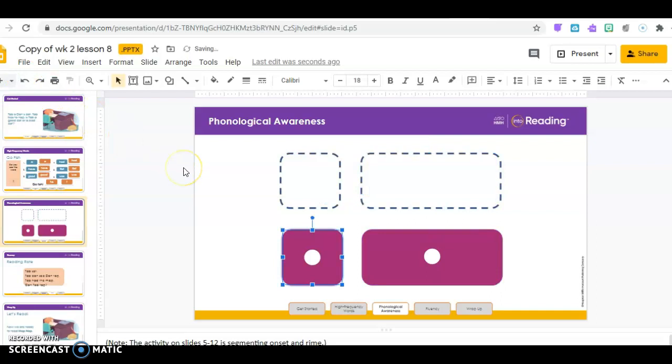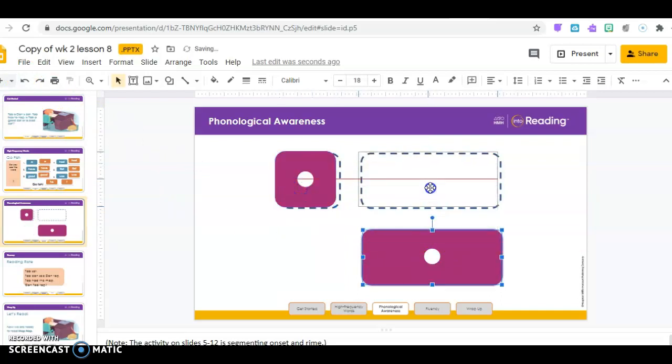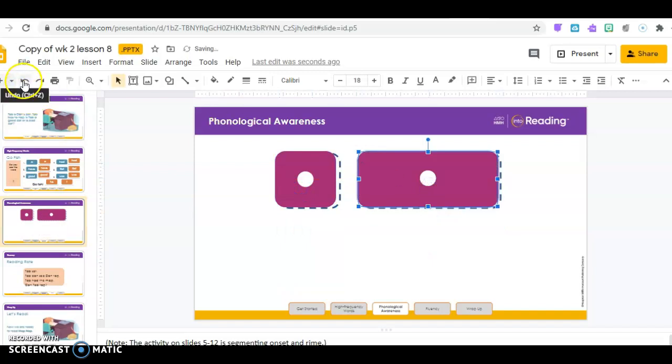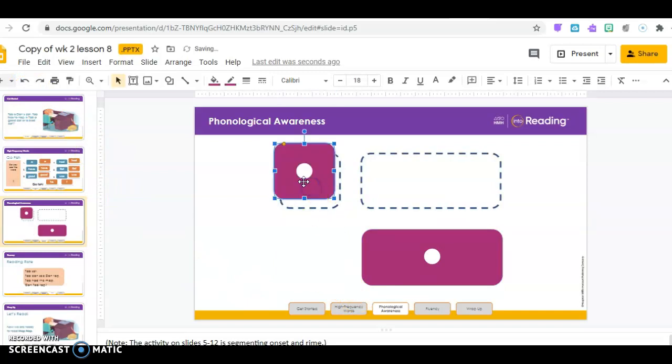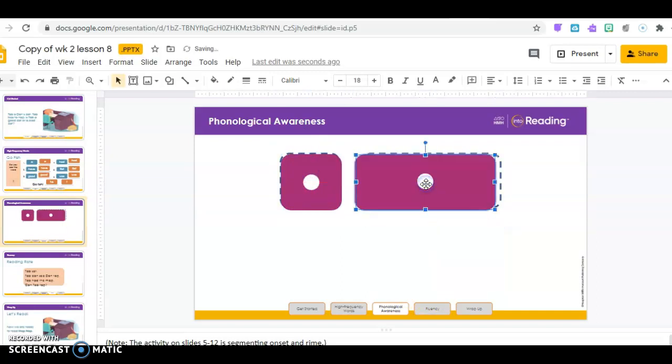The next word is moon. Oon. Moon. The next word is nice. Ice. Nice.